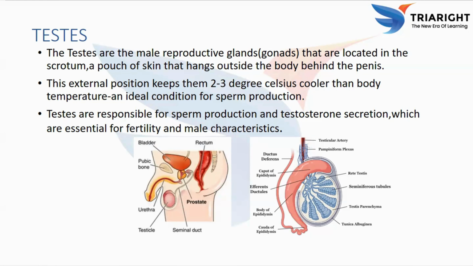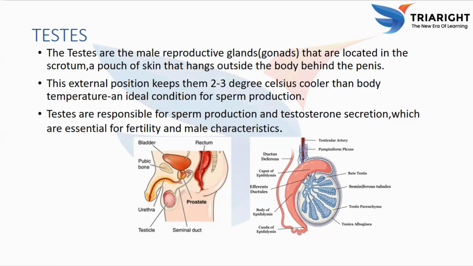These are the male reproductive glands, also called gonads. They are located in the scrotum, which is a pouch of skin that hangs outside the body, behind the penis. This external position keeps them 2 to 3 degrees Celsius cooler than body temperature, an ideal condition for sperm production. Each testis is suspended by a spermatic cord within the scrotum.